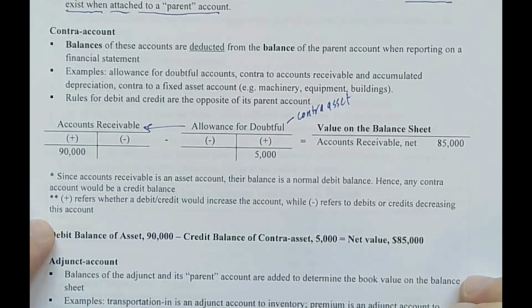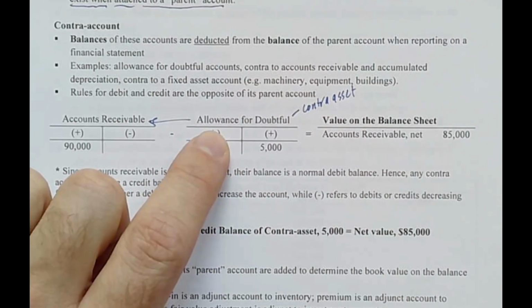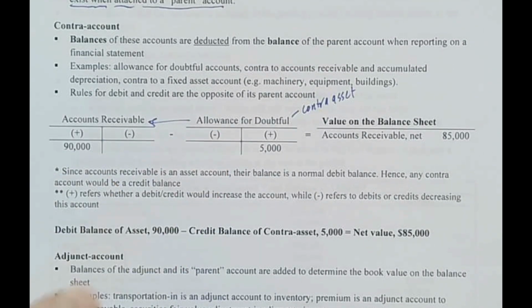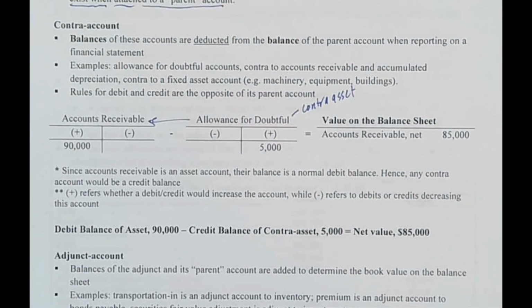Economically, its purpose is to track the amount of our receivables we do not think we'll be able to collect. How could we estimate an amount we'll be unable to collect unless we had an account to say, hey, that one's suspect? We don't think we're going to be able to get money from that customer.